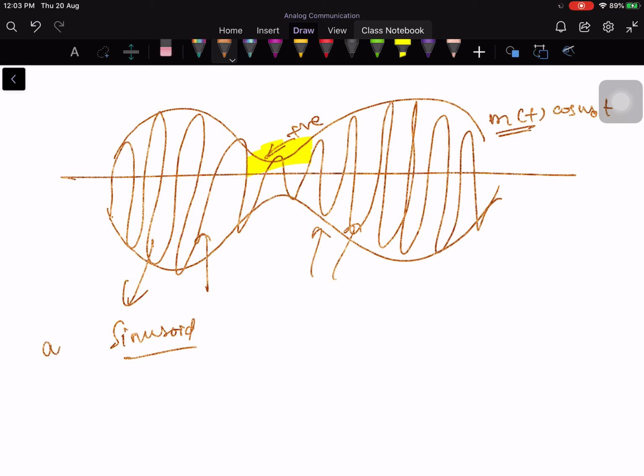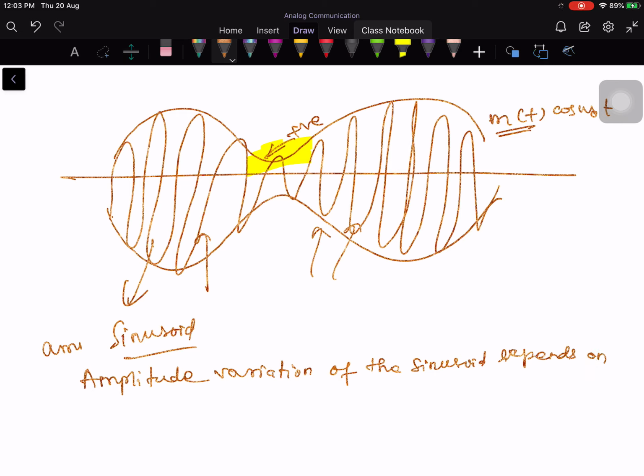Let me write properly. Amplitude variation of the sinusoid depends on the magnitude of m of t, not m of t, magnitude of m of t.